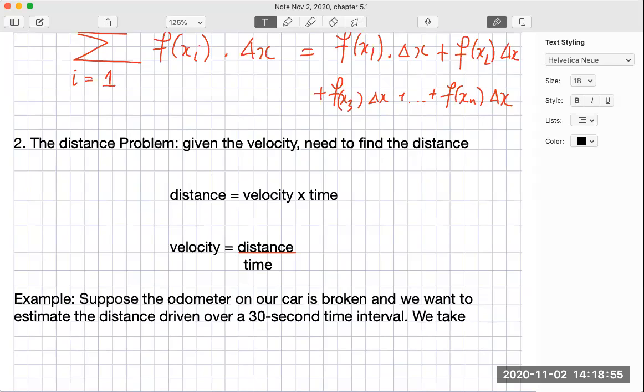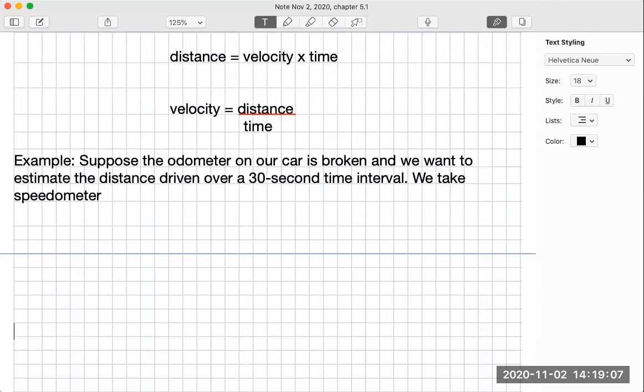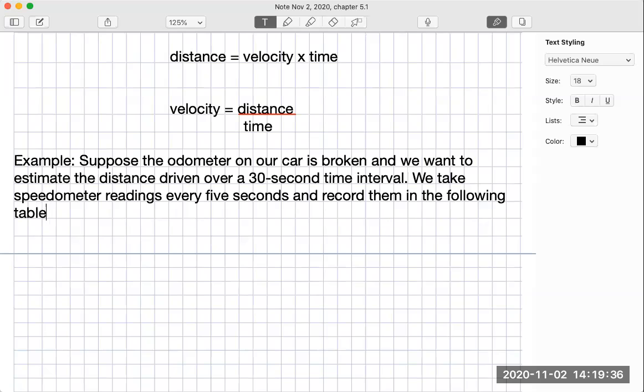We take speedometer readings every 5 seconds and record them in the following table.